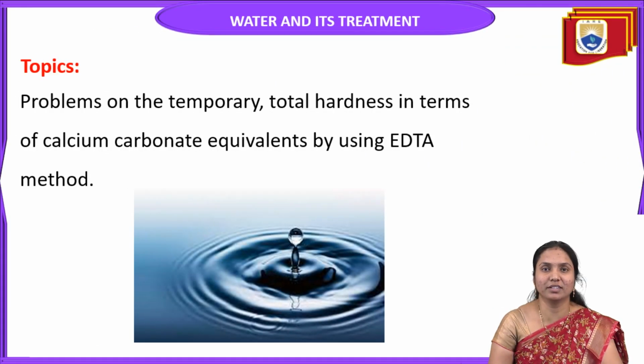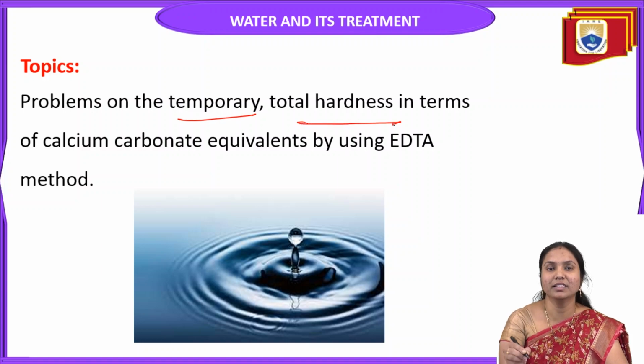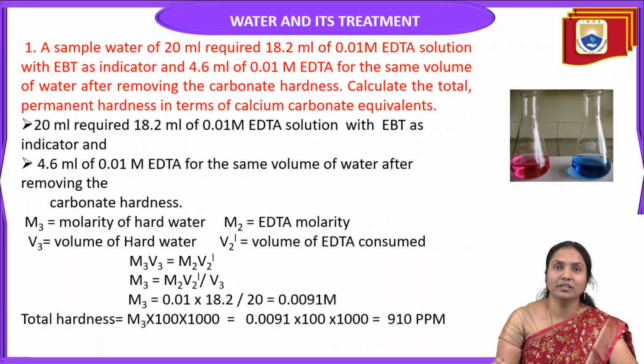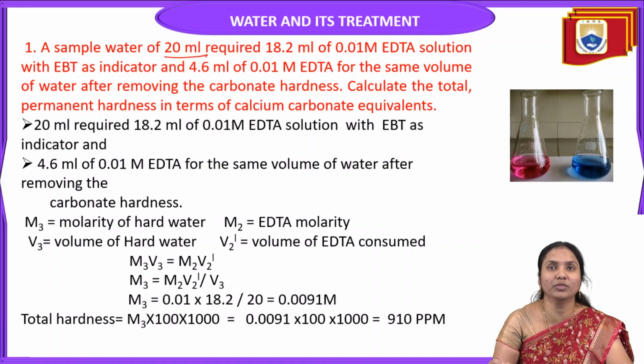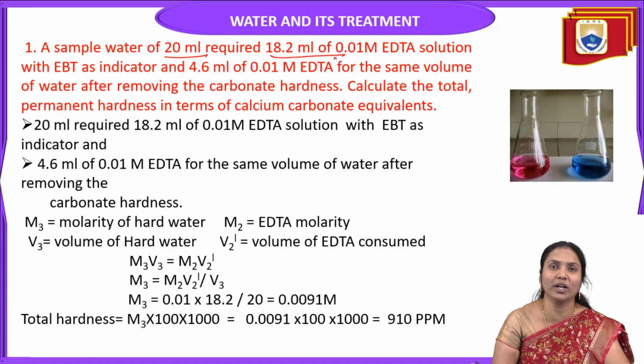Today we are going to discuss problems on temporary total hardness in terms of calcium carbonate equivalent by using the EDTA method. Here a sample water of 20 ml required 18.2 ml of 0.01 M EDTA solution.